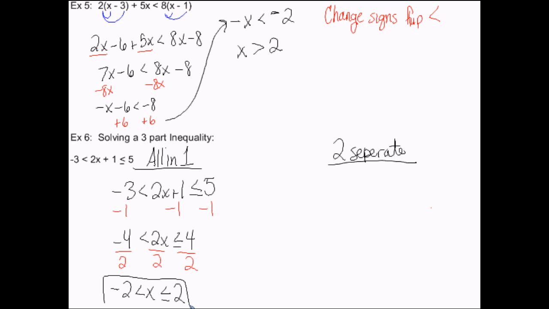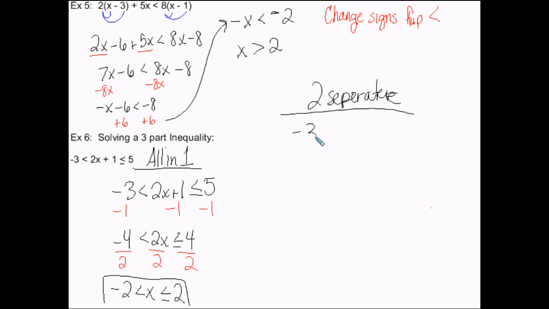Okay. If that's confusing, you can split it into 2 separate problems. So I have negative 3 is less than 2x plus 1 is less than or equal to 5, right?